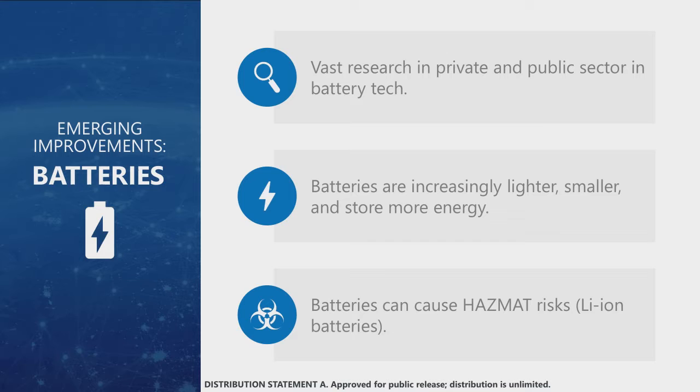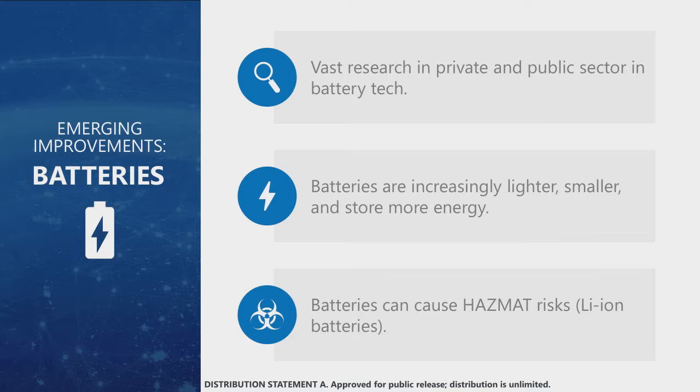So some more emerging improvements here. Batteries. Battery tech is kind of its own whole subset of technology. Now with the push to decarbonize the electrical grid, coming up with a way of storing electricity is becoming an increasing focus of research, especially among the Department of Energy national labs.